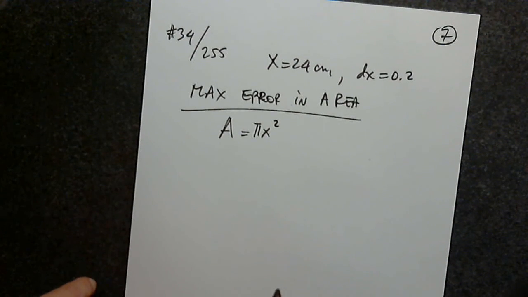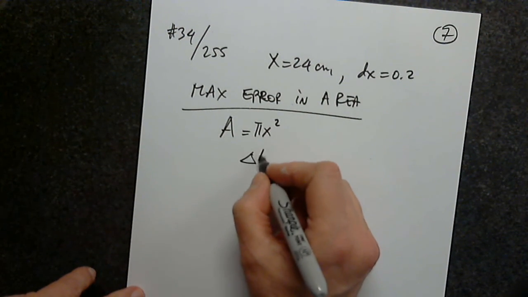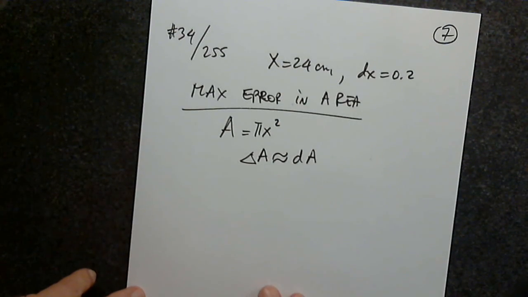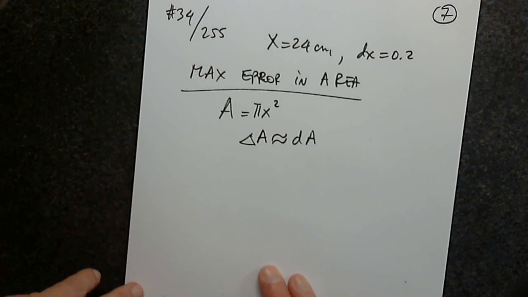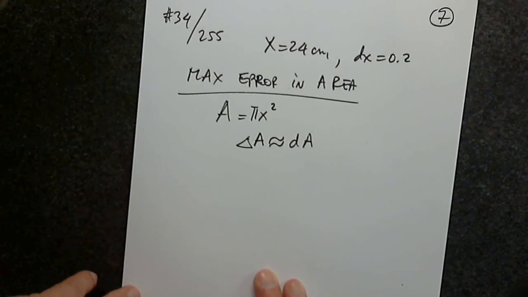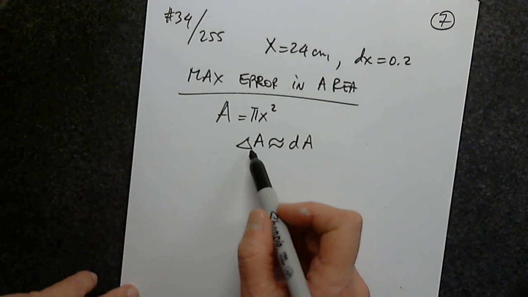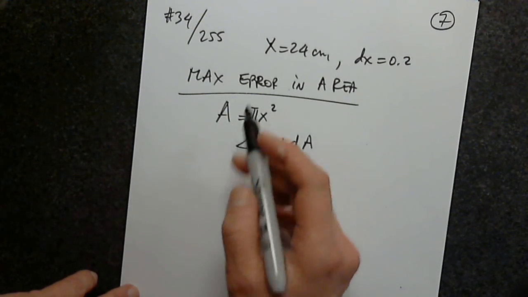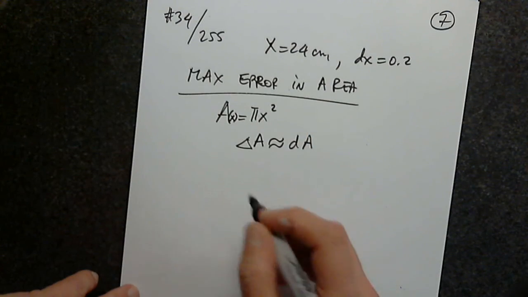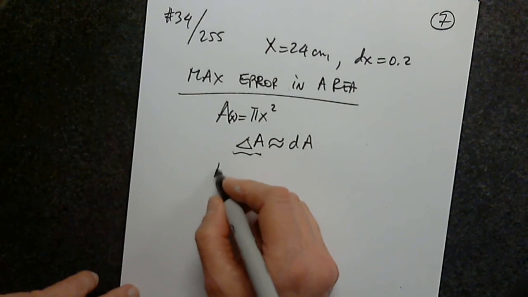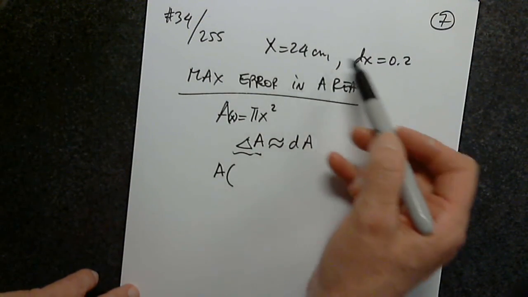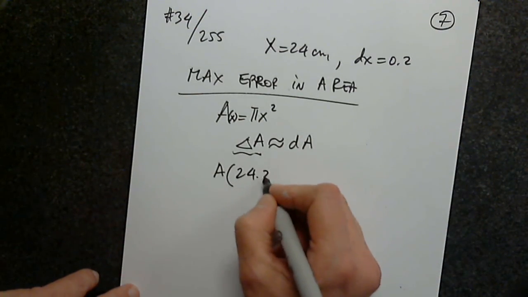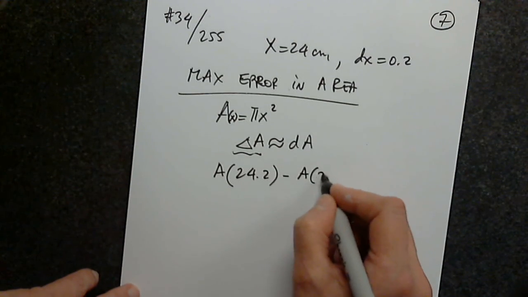So we know that delta A is approximately dA. So I could determine delta A by saying A of 24.2, let's say this is positive, minus A of 24.